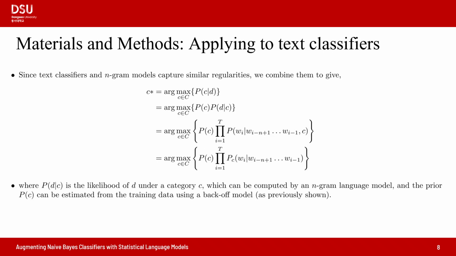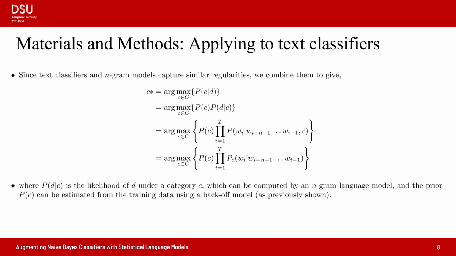Okay, so how is this applied to text classifiers? Since text classifiers and n-gram models capture similar regularities, the authors combined them in the initial equation for the naive Bayes classifier, which is C star equal to argmax over C belonging to the capital C of the probability of C given D, which they expand as such.